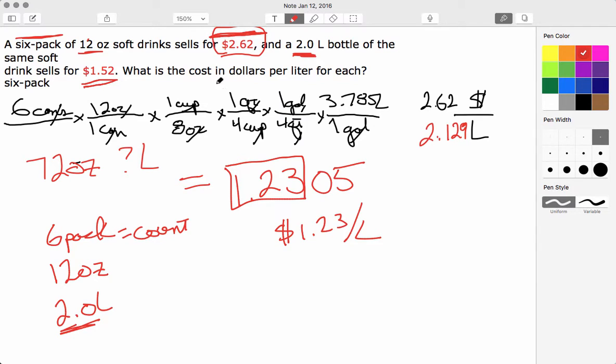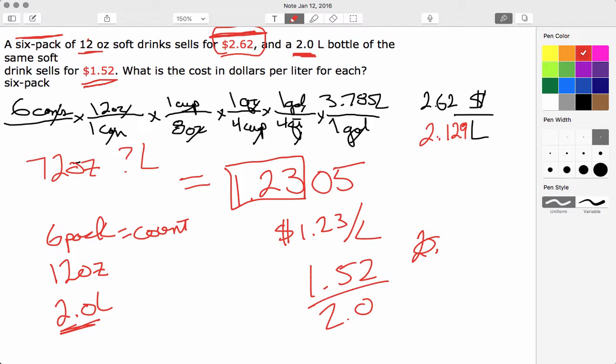And the other problem I'm going to leave to you because it's much simpler, because it is going to be the same soft drink. A 2-liter bottle is, and we talked about the significant figures a moment ago, $1.52. So you just have $1.52 divided by 2.0.